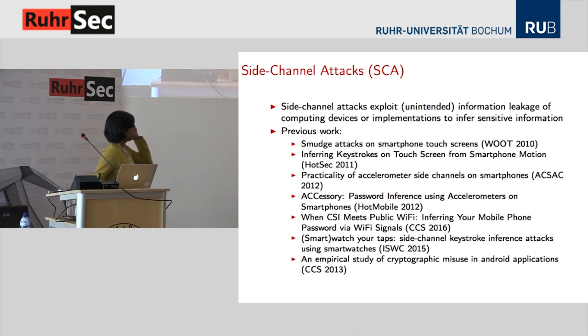If I remember the numbers correctly, out of 11,000 apps that were studied, 88% had implemented crypto incorrectly, making at least one mistake in their crypto implementations. Now just think about this. All these devices, all these apps are out there being in use, and they also give numbers on how many downloads they were able to find for these apps. And there have been attacks shown that with incorrect crypto implementations, you can do side channel to get keys out.